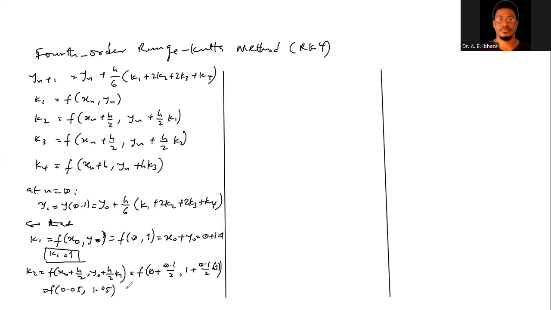So if you recall, s0 plus y0 being the function, that will be 0.05 plus 1.05 when applied to the derivative function. So that will give us k2 to be the same as 1.1.